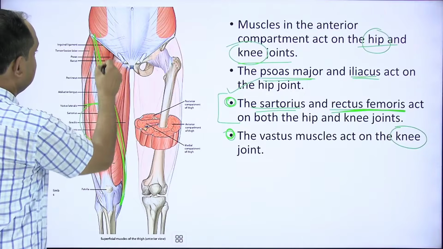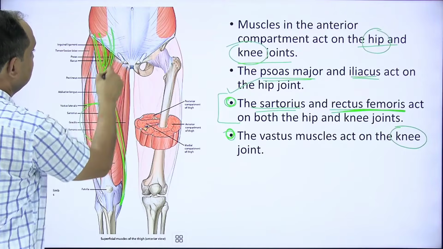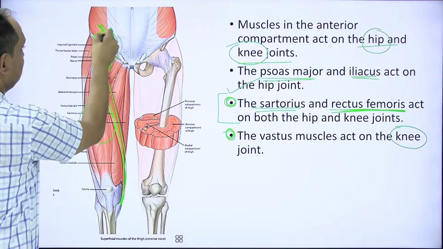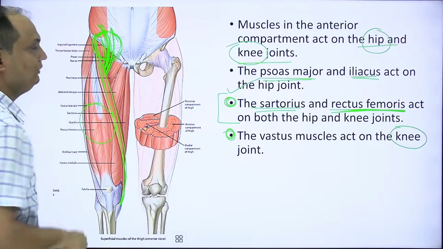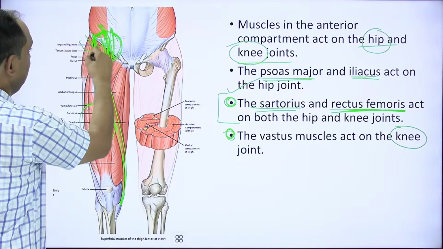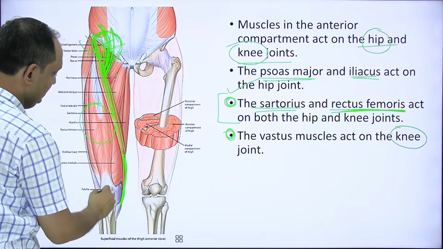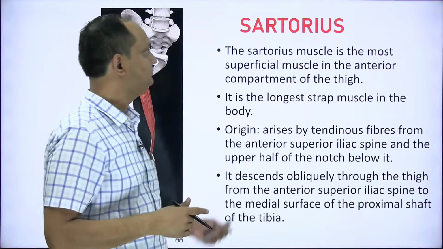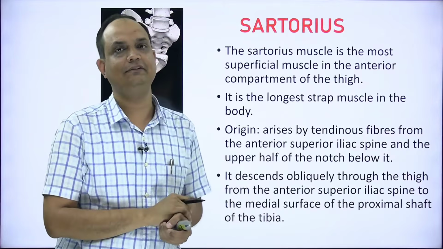In the upper part you have the iliacus and psoas major. These two muscles cross the hip joint, so they act on the hip joint. But this muscle not only crosses the hip joint, it also crosses the knee joint. So this muscle acts on two joints. Clear? Now let's discuss each and every muscle one by one.